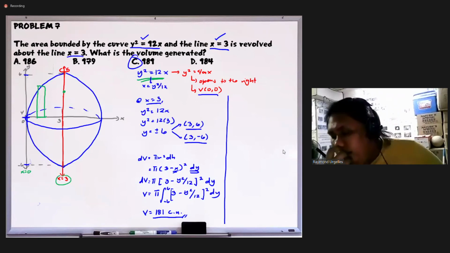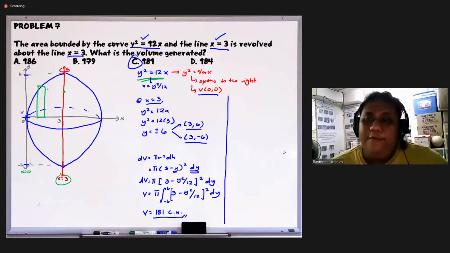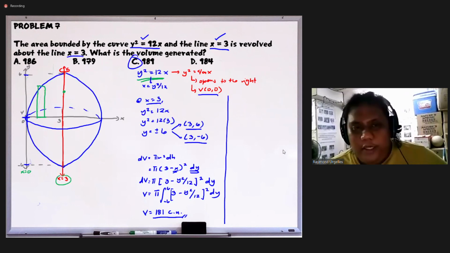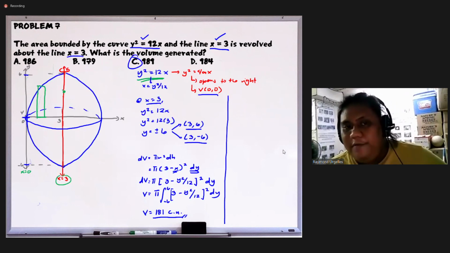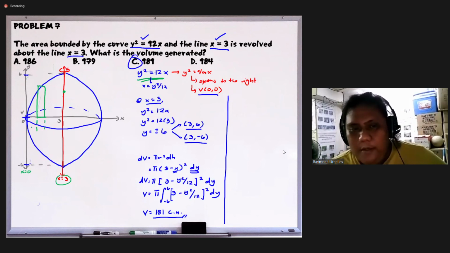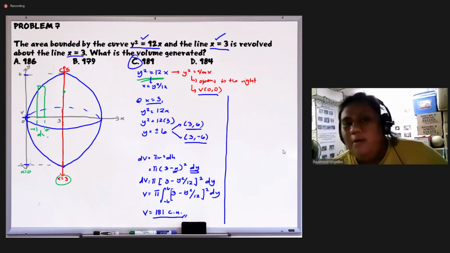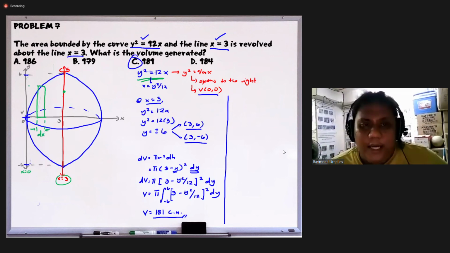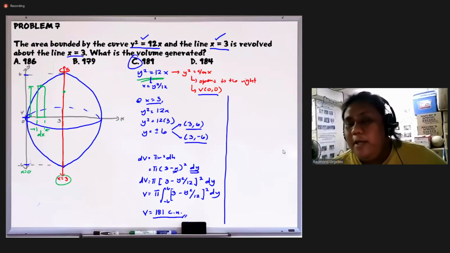So nung nabuo natin ang solid of revolution, ito yung i-revolve natin about the axis of revolution to form the cylindrical shell. Ang kailangan lang natin doon is yung thickness nito, which is as you can see along the x-axis, so this is simply dx. Kailangan din natin ng height, basically itong length na to. As you can see, this is just the distance of the given point on the parabola and the x-axis.